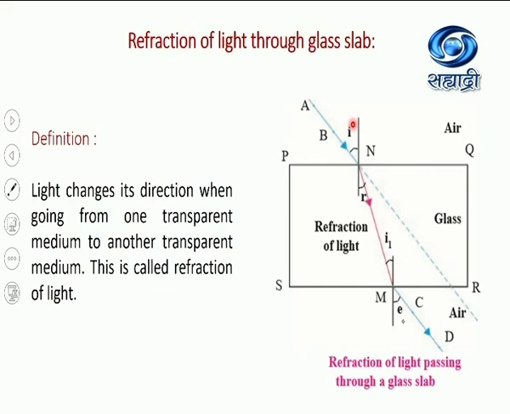So I and E are of equal measure, while I is greater than R and R is smaller than E. That means when light rays enter from air to glass, they pass through the denser medium and turn near the normal. When they come out from glass to air, they go away from the normal.